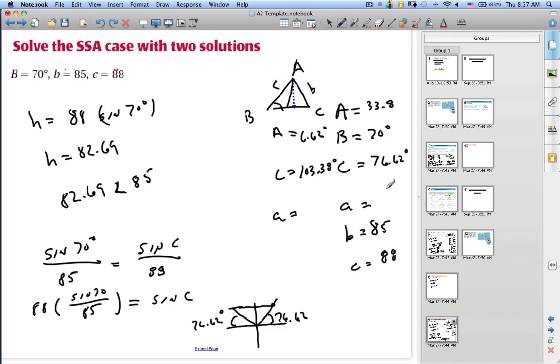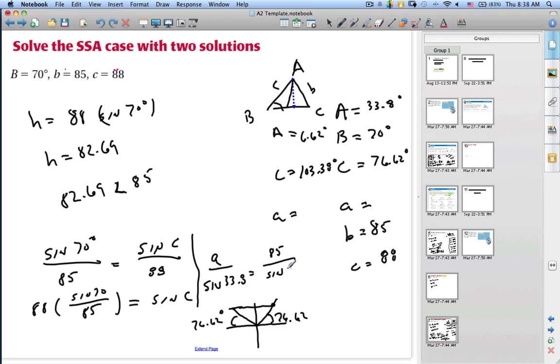Okay, and then what I'll do is I'll go through and I'll do law of sines twice for side A, and I'll be able to figure that out. Okay, so in the first case, where A is 33.8 degrees, I know that A divided by the sine of 33.8 will be equal to 85 divided by the sine of 70 degrees. And I like again to work with the original supplied values, because if I've rounded things, it makes things a little complicated.